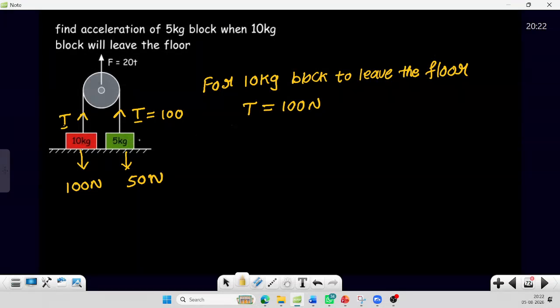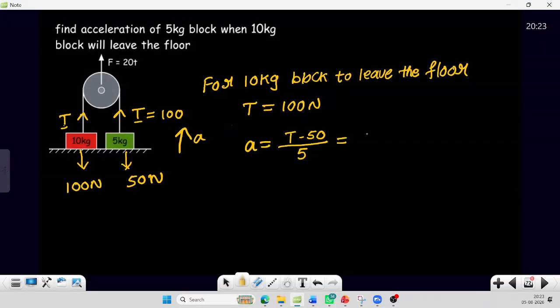So this 5 kg block will move in the upward direction, so we have a certain acceleration. How much is the acceleration? Let the acceleration be a. Which direction? a equals (T minus 50) by 5.